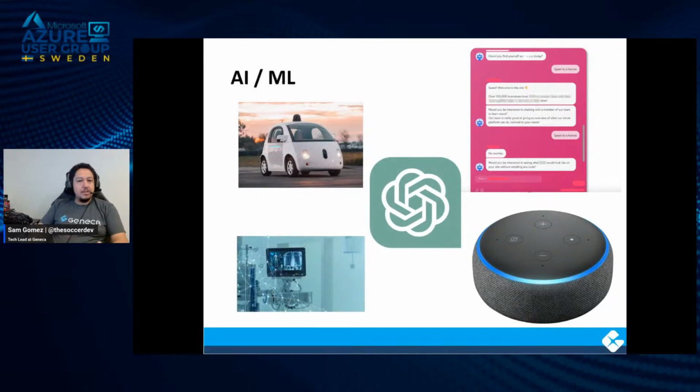AI and machine learning is something that we've heard about a lot in recent years, from self-driving cars to chatbots doing customer service. We have AI also in healthcare, for example. We have smart assistants at home. If you have an Alexa or a Google Home, then there's some AI behind those devices.